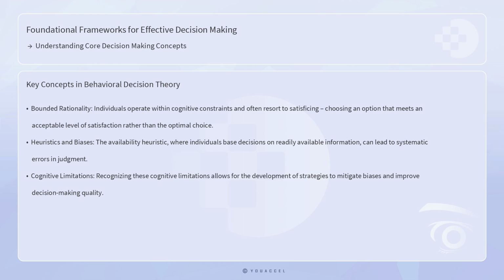This theory acknowledges the limitations of human cognition and the influence of heuristics and biases in decision-making processes. For instance, the availability heuristic, where individuals base decisions on readily available information, can lead to systematic errors in judgment. Recognizing these cognitive limitations allows for the development of strategies to mitigate biases and improve decision-making quality.